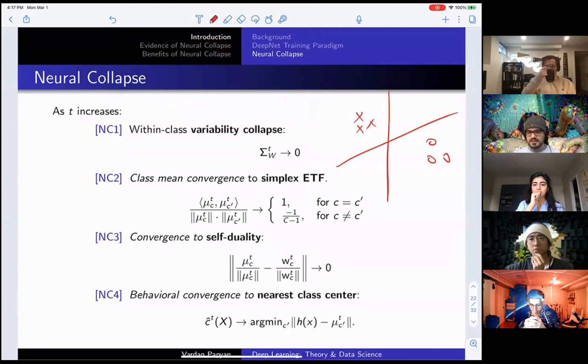In a previous lecture, we talked about how there's a very specific classifier, the max margin classifier, which maximizes the distance to the closest point. And what neural collapse is saying is that not only is your classifier a max margin classifier, it is the most optimal max margin classifier you could ever imagine.